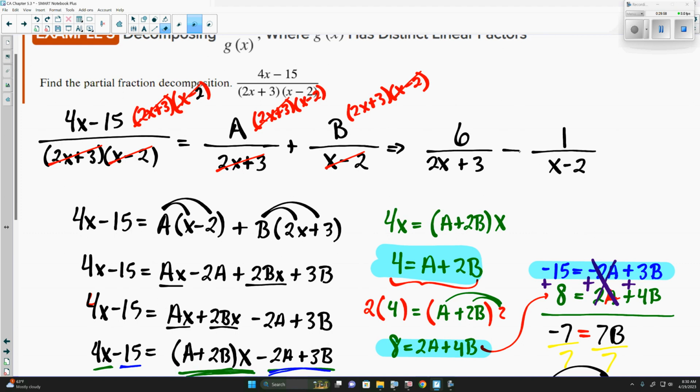That's it. So this here is the final answer, or we can say plus negative 1. Either one works. Questions on any of this here? Are you ready for the next one?